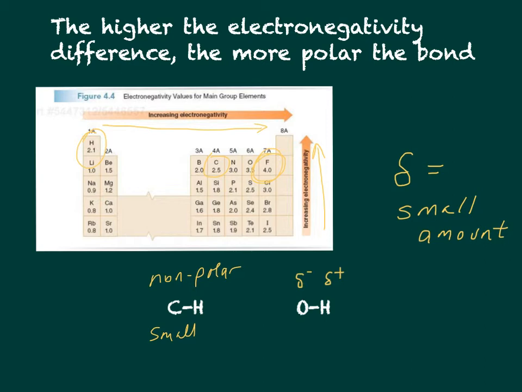But from oxygen to hydrogen, 3.5 to 2.1, this is a polar covalent bond. The oxygen is going to be more negative. Not a true full-on negative, and the hydrogen is not a true full-on positive. It's what we call a delta negative and a delta positive. The lowercase Greek delta just means a small amount. So a small amount of negative and a small amount of positive.